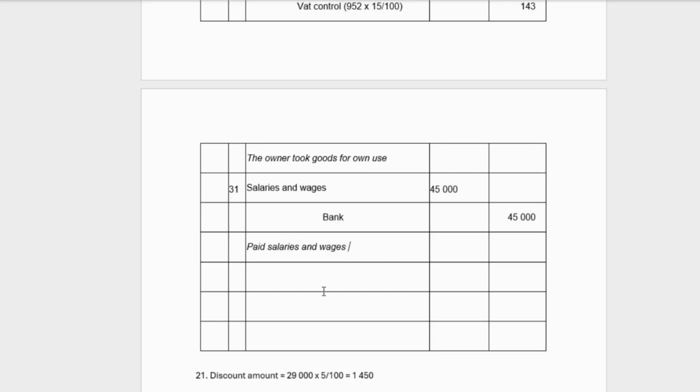And then we are done. That's transaction 31. Under this transaction 31, there are a lot of transactions that took place, so we need to record all these transactions under this date.